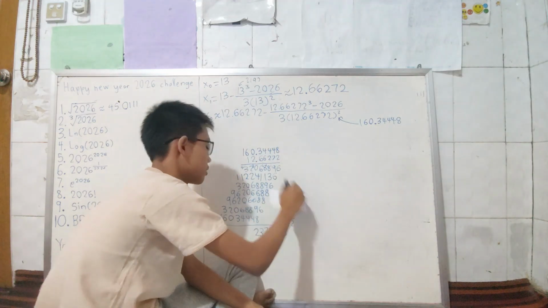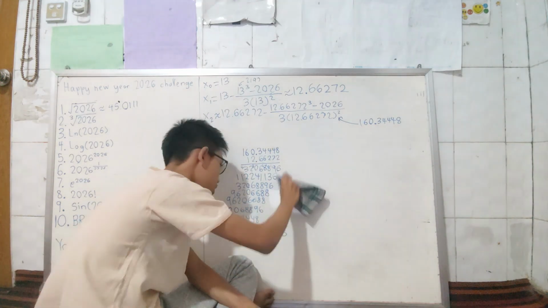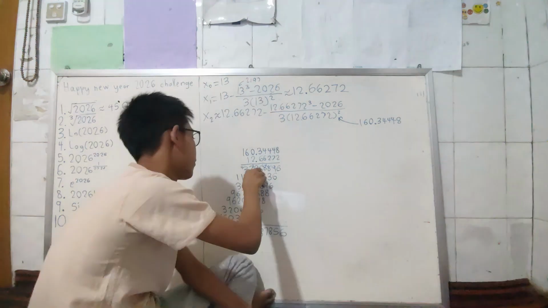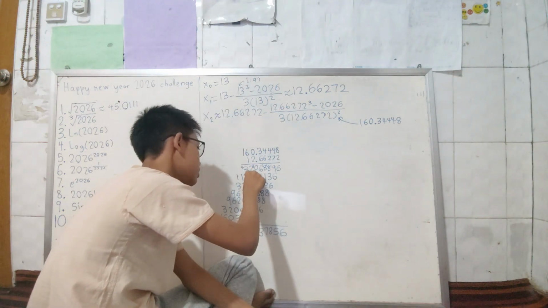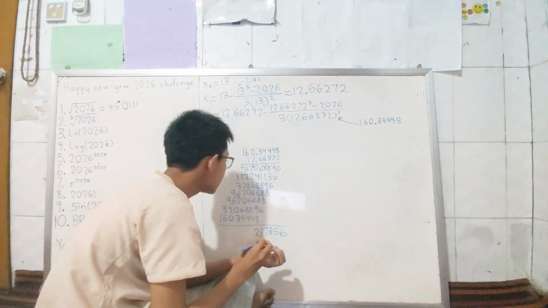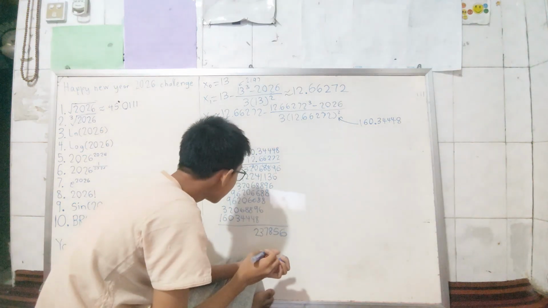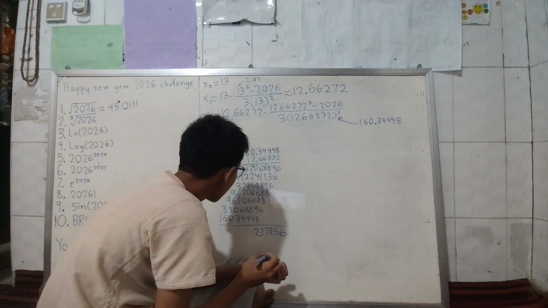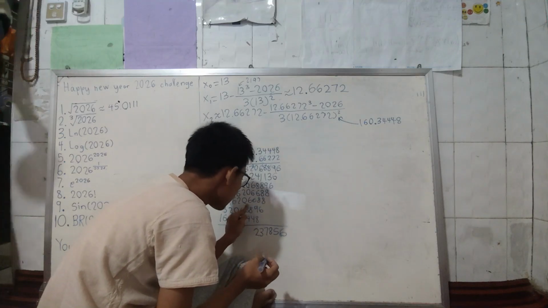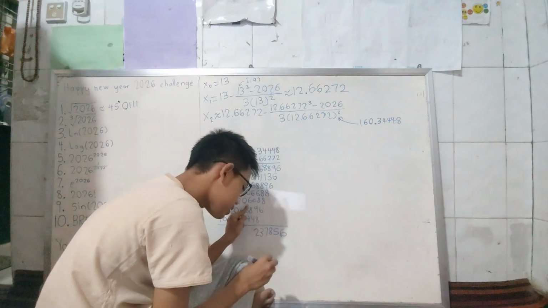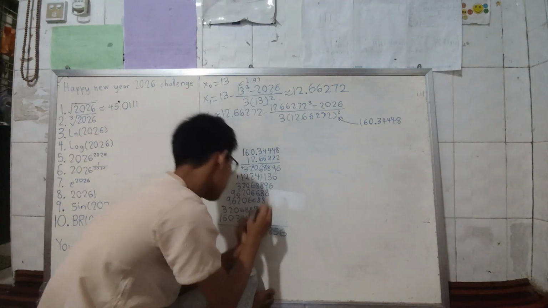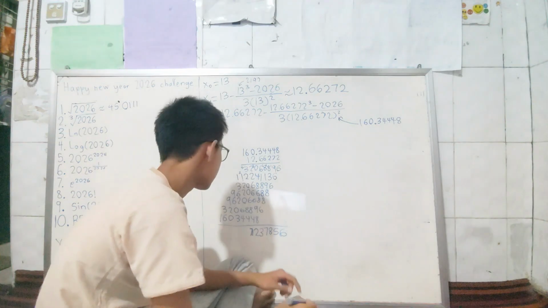42 right there. And then 4 plus 3 is 7, 9. 9 plus 6 is 15. 15 plus 12, that's gonna be 27. 2 right there.